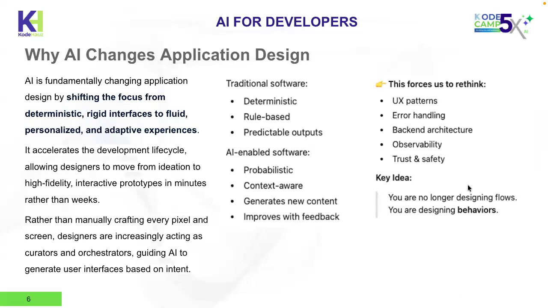Okay. We start thinking about traditional software that was deterministic, rule-based, predictable, to now AI-enabled software that is probabilistic. So let me explain that. Deterministic is software where the outcome is predetermined, as the name implies, even though not really predetermined in that sense, but you can almost guess what the outcome will be because you coded it, right?